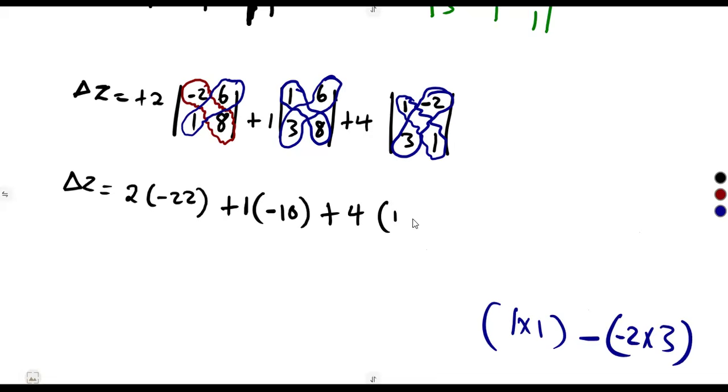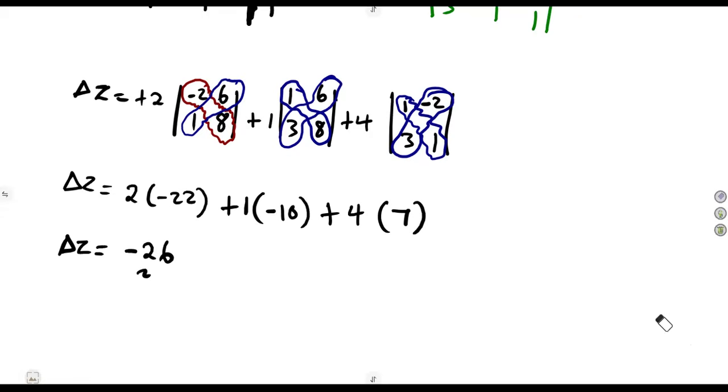A plus 7. Just like that. So combining everything, guys, that was going to give us the determinant of x, multiply everything, minus 44 minus 10 plus 28 was going to give us what? Minus 26.